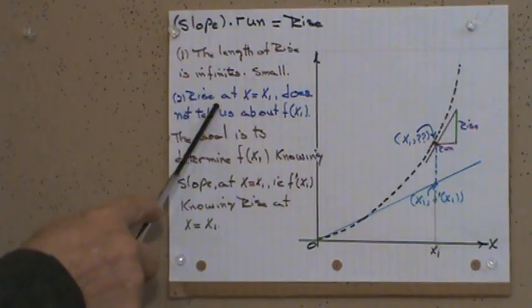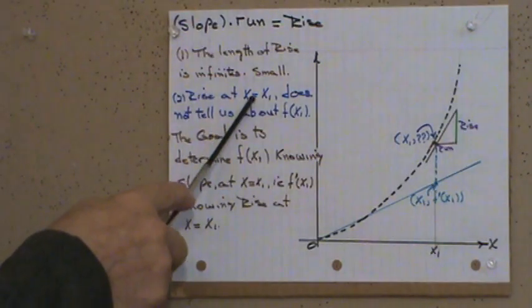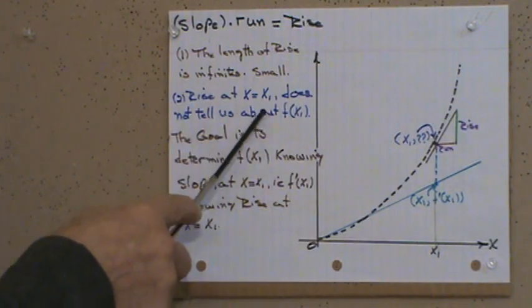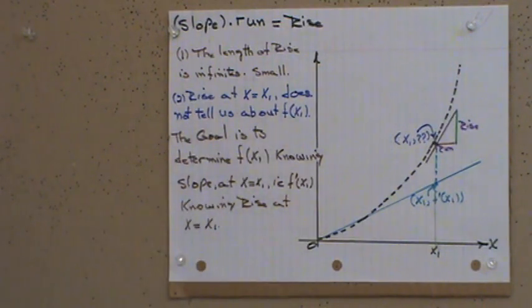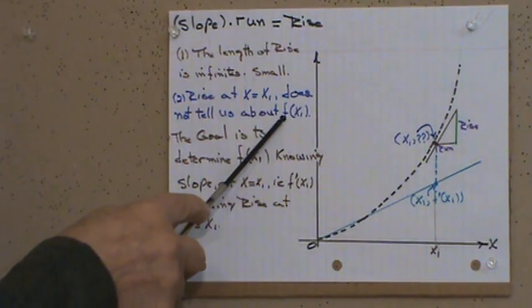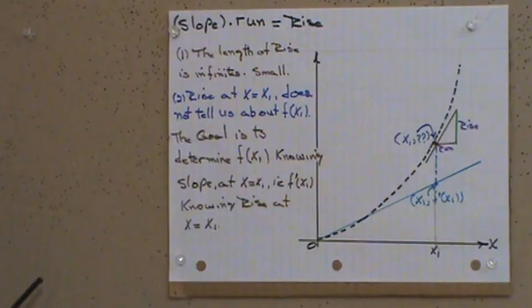Then the rise at some given point x equal to x1 does not tell us what f of x1 is. I keep repeating, that is the fourth, fifth time I'm saying that, because it's a very important observation. It does not tell me the value of the mother function at x1.